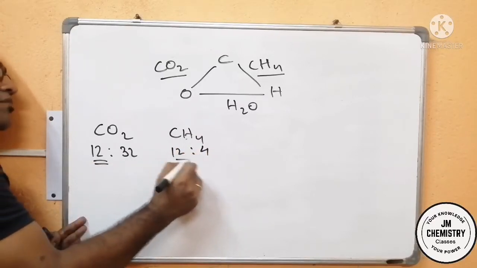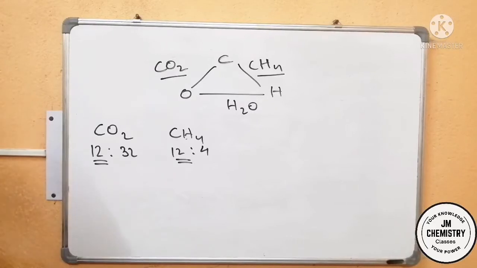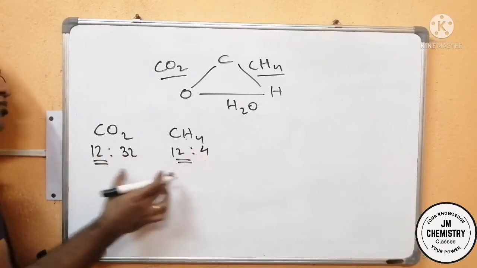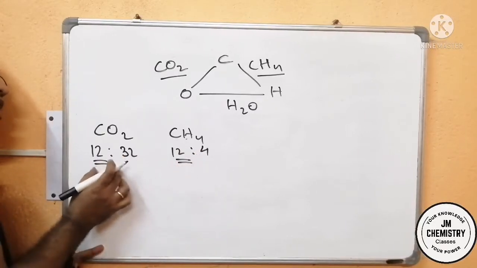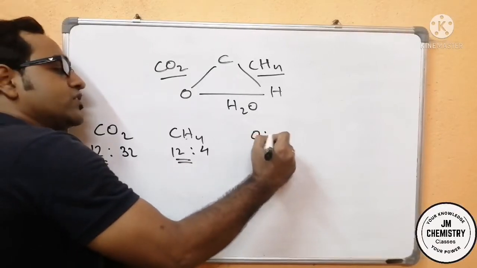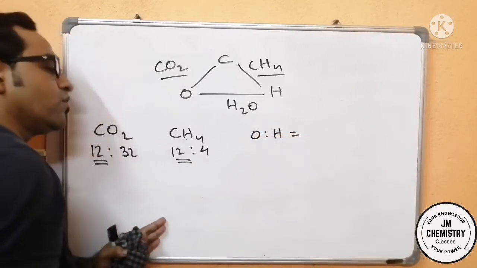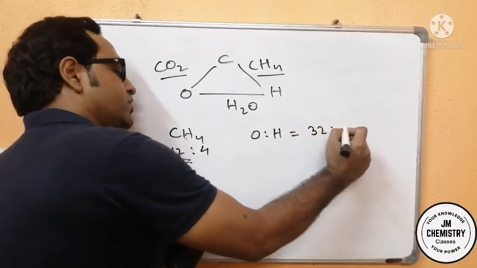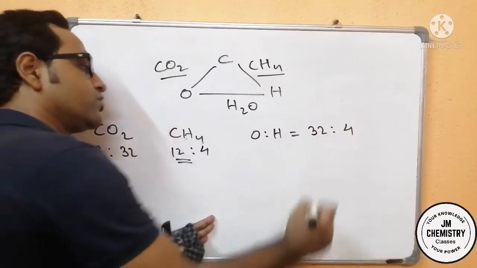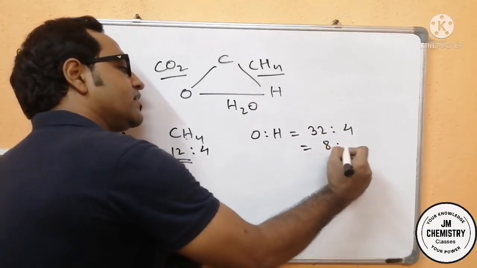So the amount of carbon is fixed. So the masses of oxygen and hydrogen which combine with the fixed mass of carbon are in the ratio, oxygen to hydrogen, 32:4. So that is 8:1.